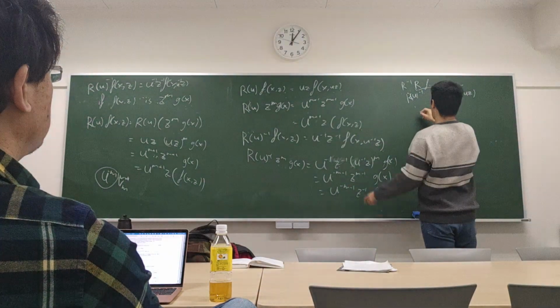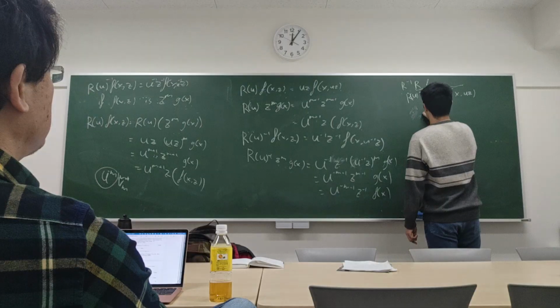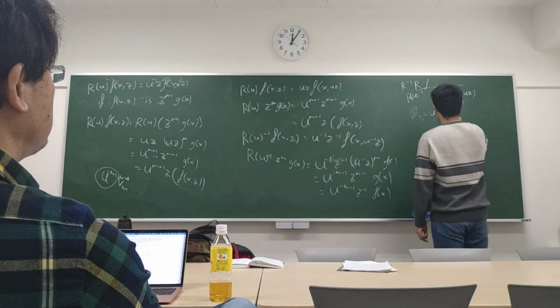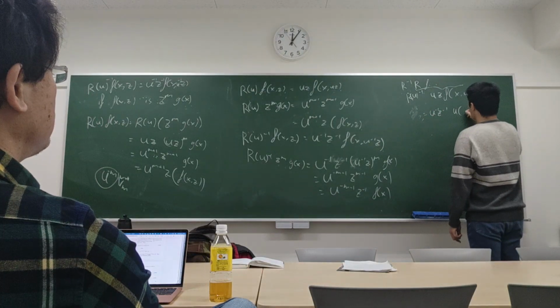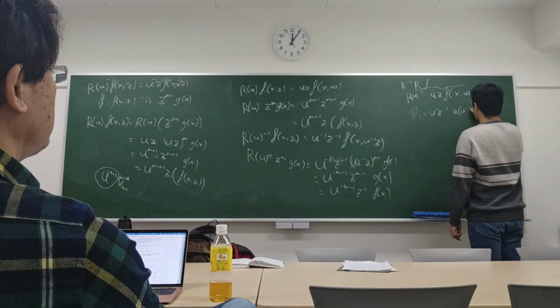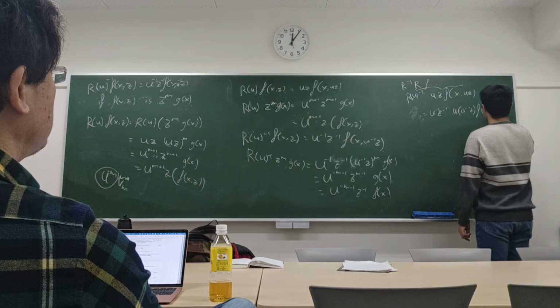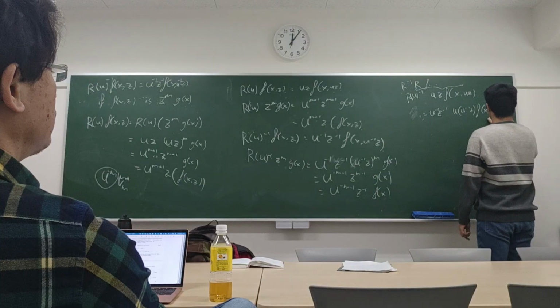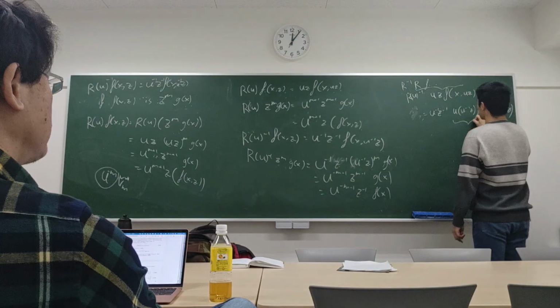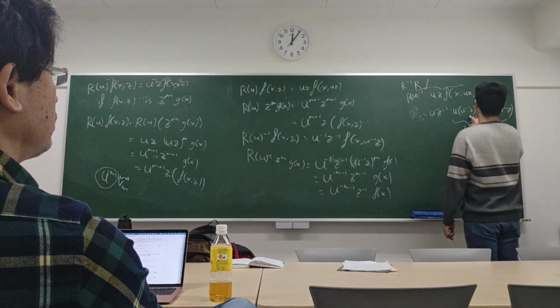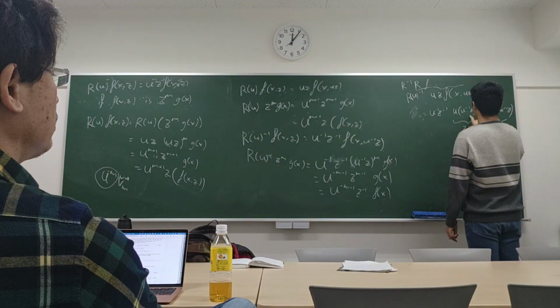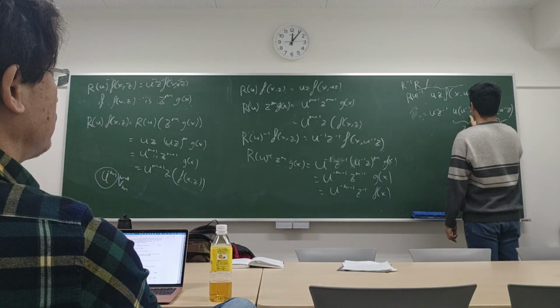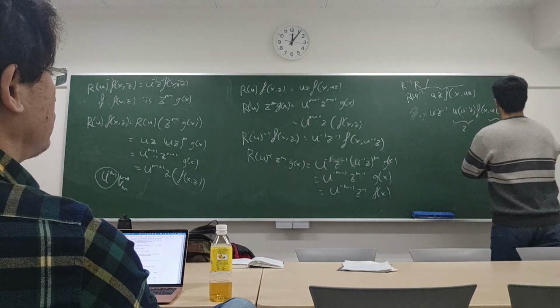Then based on what I see, this is equal to U inverse Z inverse, then U inverse Z F X U inverse Z. This is just Z. This is just Z. Sorry, this part is this part.